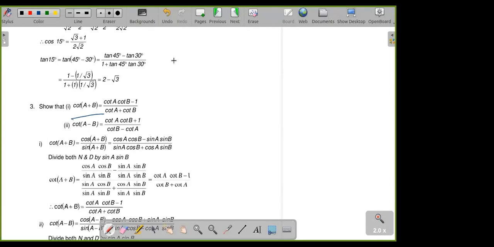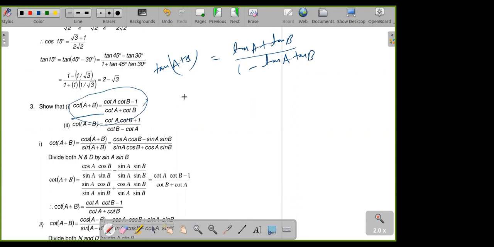For tan A plus B, we know it is tan A plus tan B by 1 minus tan A tan B. So for cot A plus B, what can we do? Just cot A cot B. That means this plus term will be at the bottom, and this denominator will be at the numerator, but with the reverse sign.